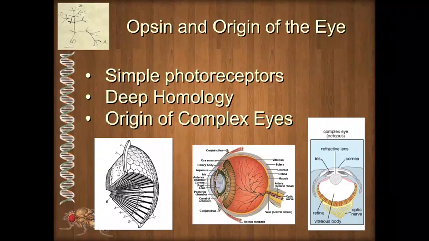But there's this independent single origin of a photoreceptor at the base of metazoa, maybe even in the earliest metazoa, or at least very early in the history of the metazoa. There's still some uncertainty of that.